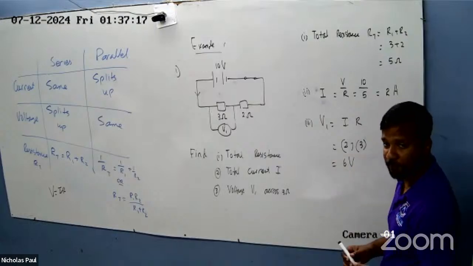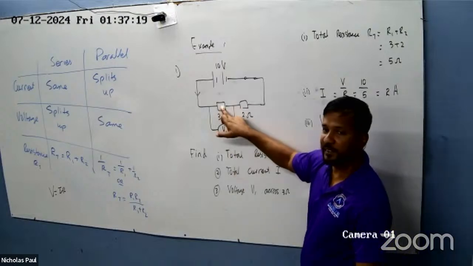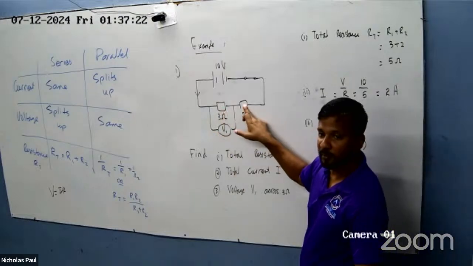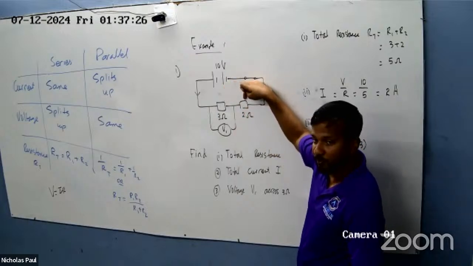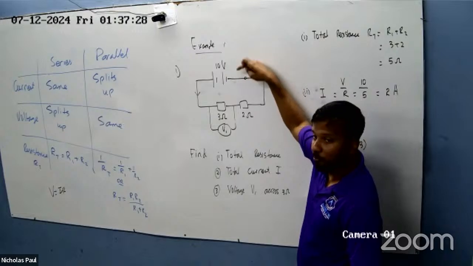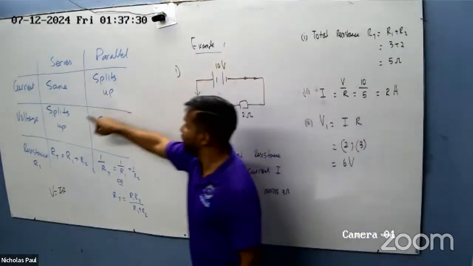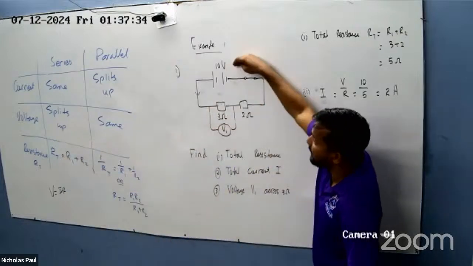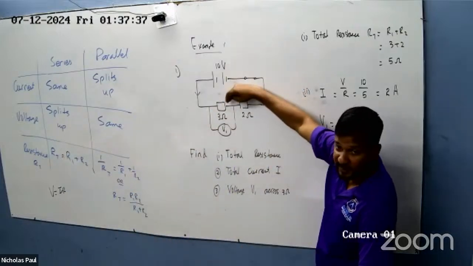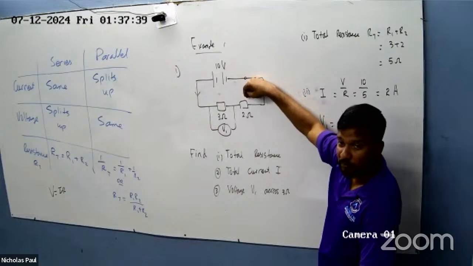Are you okay with that? So if here is 6 volts, how much is here? Voltage in series splits up, right? So if 10 is being supplied, and here is 6, then here is that much.